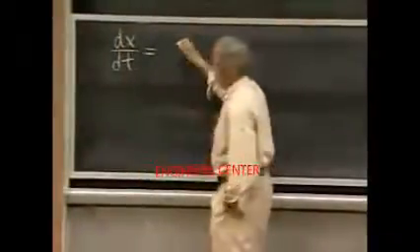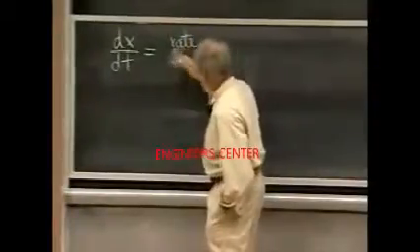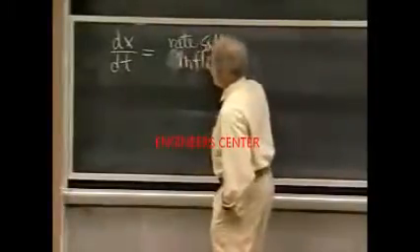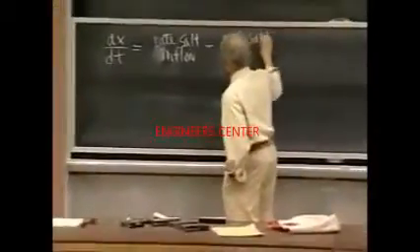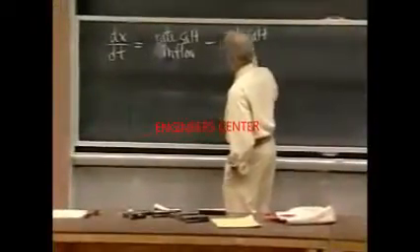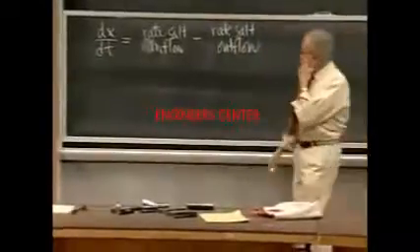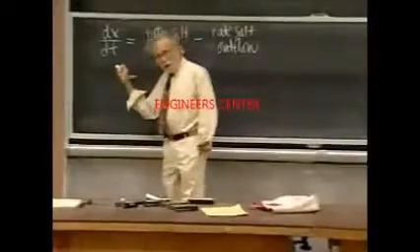So the basic equation is going to be that the rate of change of salt in the tank is the rate of salt inflow minus the rate of salt outflow. Okay, at what rate is salt flowing in?